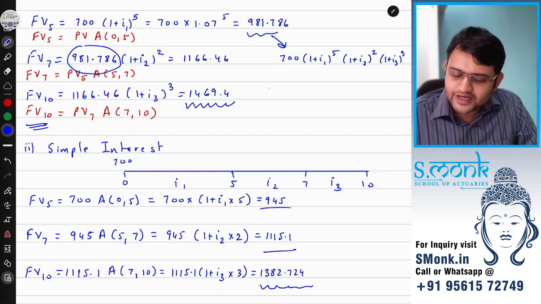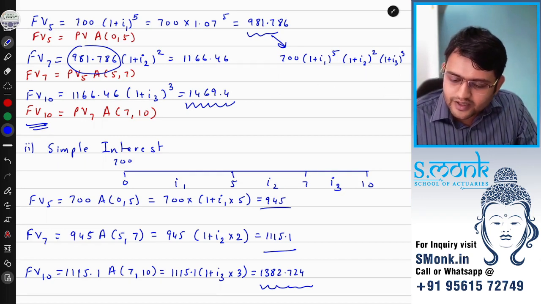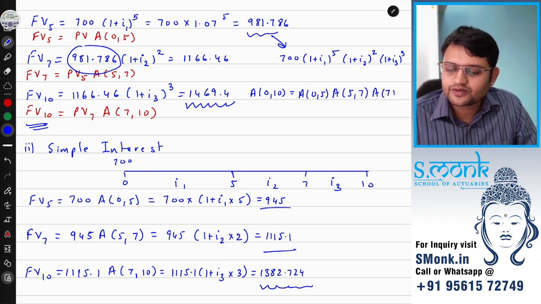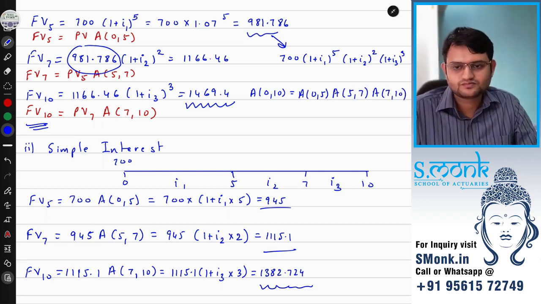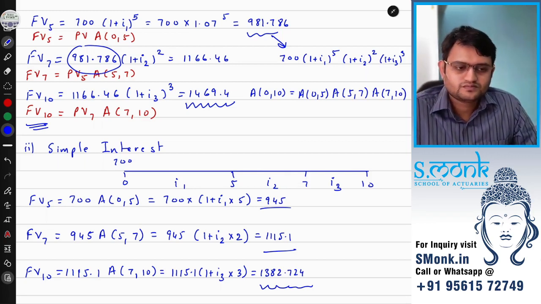What is happening here is we are calculating the accumulation from 0 to 10, and that is the same as the accumulation from 0 to 5, into the accumulation from 5 to 7, into the accumulation from 7 to 10.